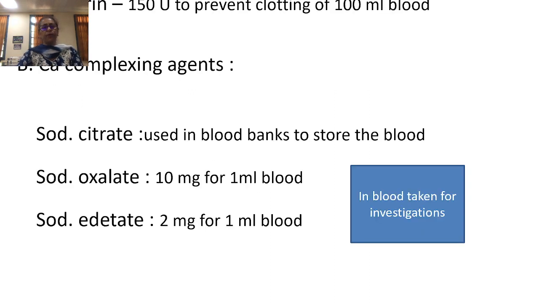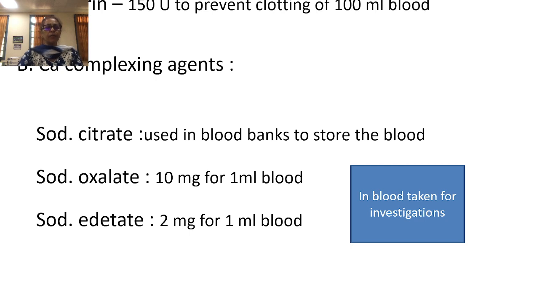So in vitro, this means when you want that the blood should not coagulate, whenever you give your blood sample for investigations, for getting tested for total blood count, or for any kind of test, you want your blood not to be coagulated.